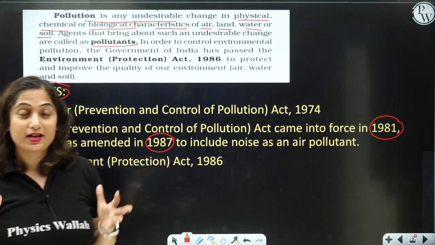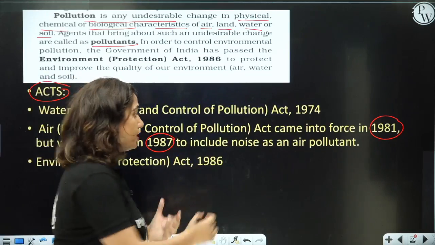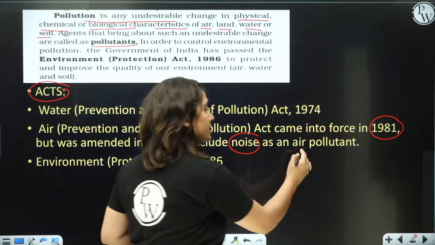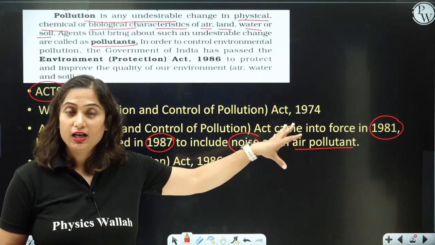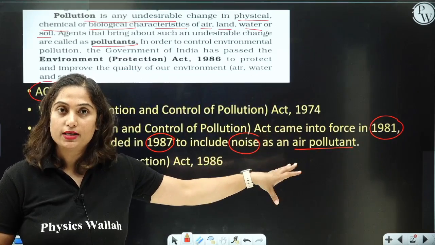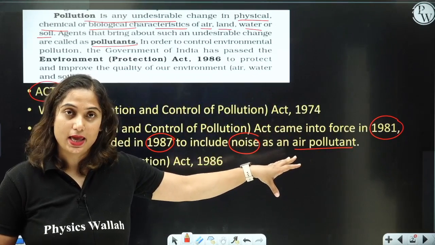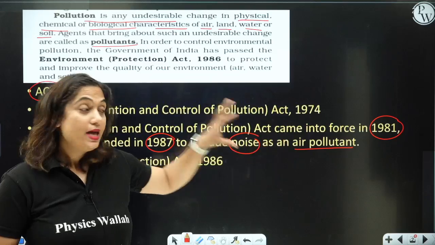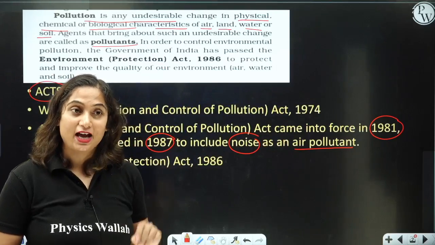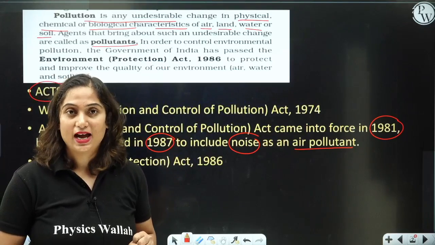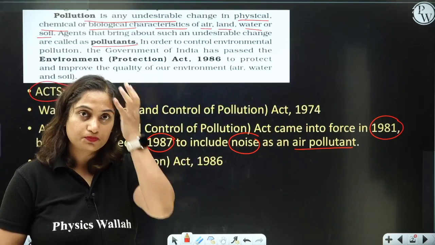And what is that modification? Noise was included as an air pollutant. Up till 1981, noise was not considered an air pollutant. But in the year 1987, there was a change in this act and noise was added as an air pollutant.